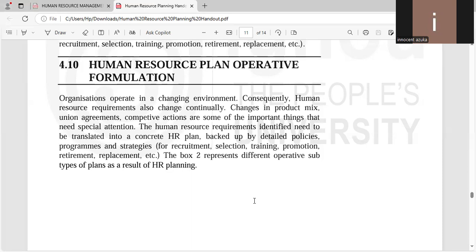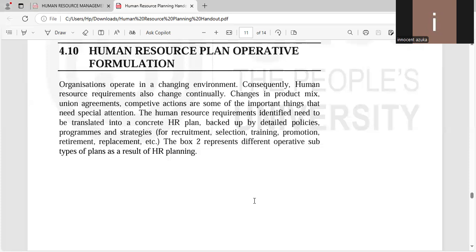The human resource requirements identified need to be translated into a concrete human resource plan, backed up by detailed policies, programs, and strategy for recruitment, selection, training, promotion, retirement, and placement.